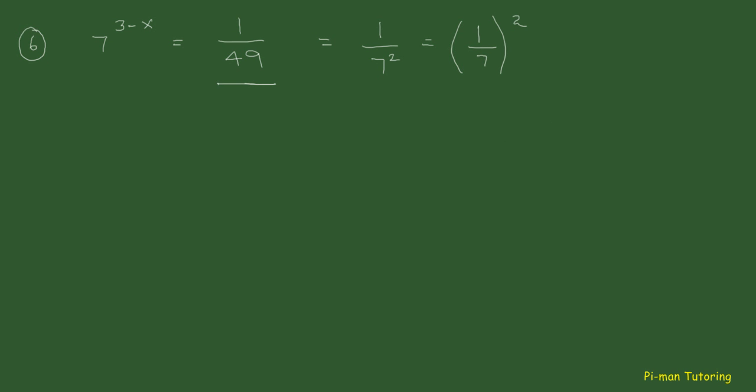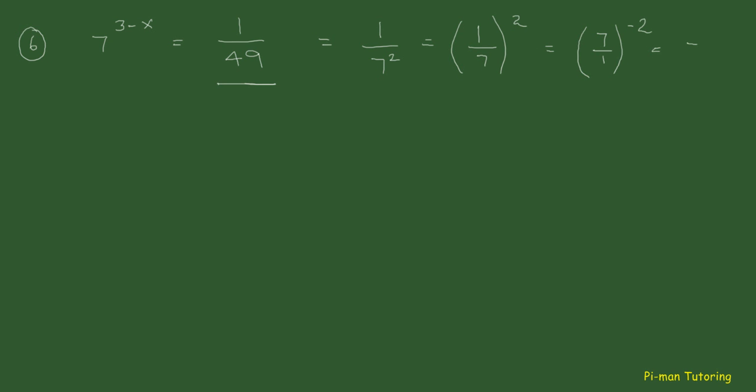And now remember that you can turn a fraction upside down if you change the sign of the exponent. In this case, we're going in the unusual direction of introducing a negative exponent, but that's because we're trying to match the bases. So we'd like this right-hand side to be a power of 7. So we're going to turn that fraction upside down, and we're going to change the exponent to a negative.